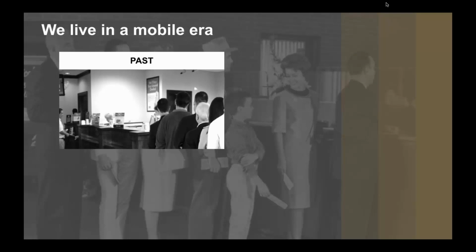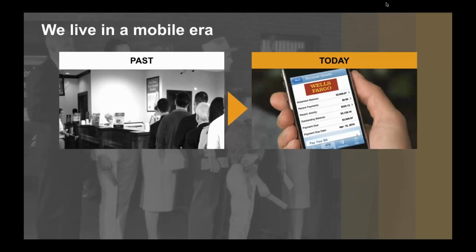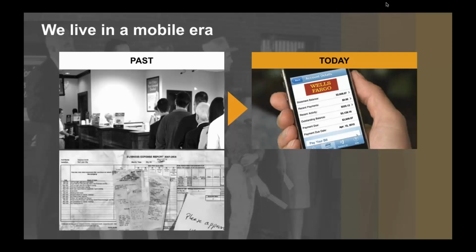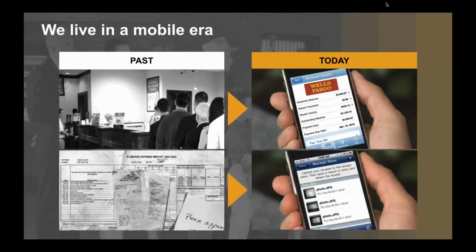And the reason why that's the case is you now have mobile apps. So mobile functionality to deposit checks. You can even apply for loans on your mobile app as well. The same is true with expense reports. Gone are the days of spreadsheets, or worse yet, paper copies of expense reports and paper receipts. And now you can do all of that from the convenience of your mobile device.